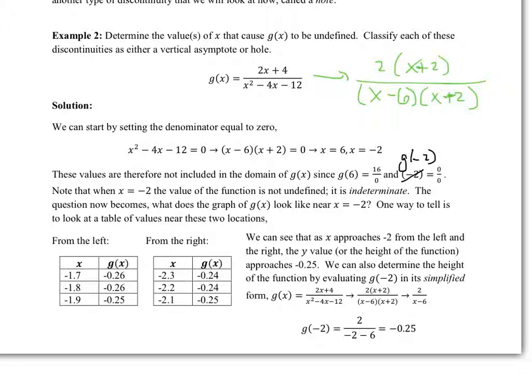But if I factor it, cancel the factors, I'm left with 2 over x minus 6. I can plug a -2 into there, can I? What do I get when I plug a -2 into here? I get -1/4. The same value you would have gotten had we done the table approach like we did in the last example. So what's happening here is this.